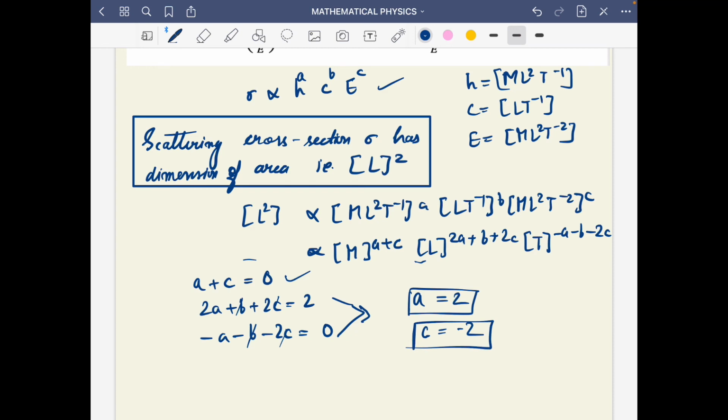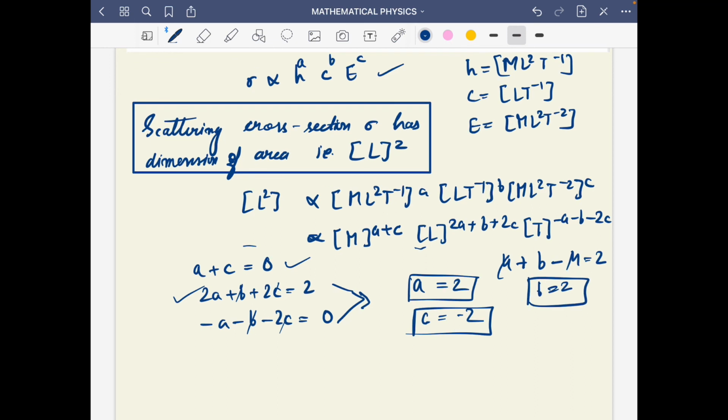Right. Now if we know a and c, we can put this in the second equation. What we will get is 4 plus b minus 4 is equals to 2. So b is again 2. Now sigma is directly proportional to what?